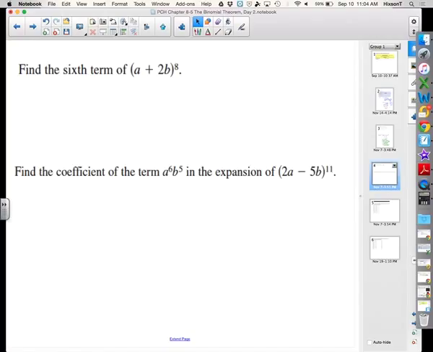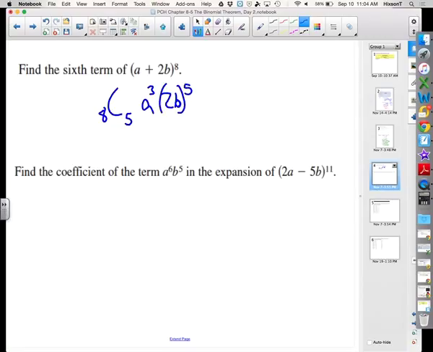Hey, real quick, what did you get for the sixth term? 1796. Let's look quickly here. 8 choose 5, a to the third, 2b to the fifth, right?